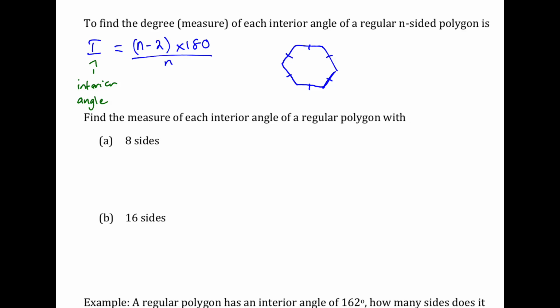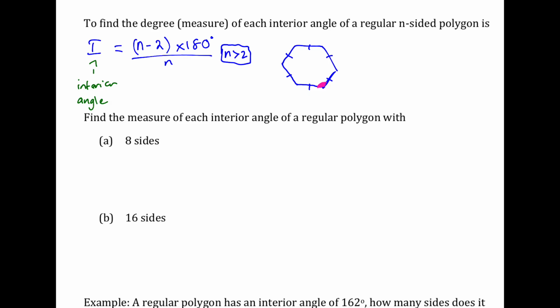And the interior angle is basically one of those. So how big is that angle in there is what this particular formula will tell us. And remember, n has to be bigger than 2. That also has to be true because you can't have a shape with less than 2 sides.